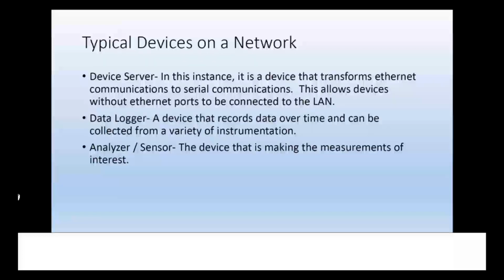That's the device we're trying to connect to. Your connection to that device could either be serial or digital, and that will determine how we need to go about connecting to that device in order to collect our data remotely. And lastly, it's just the analyzer or sensor. It's your device making your measurements of interest that are connected to the logger. So, next slide.